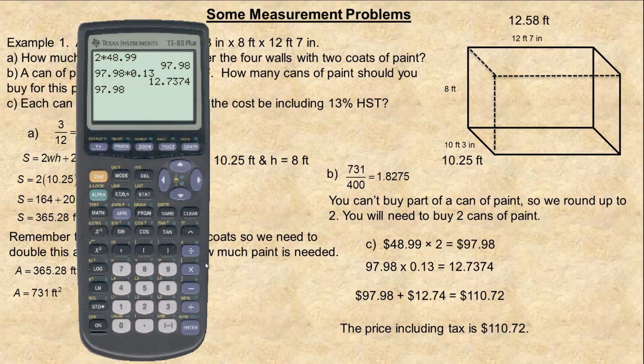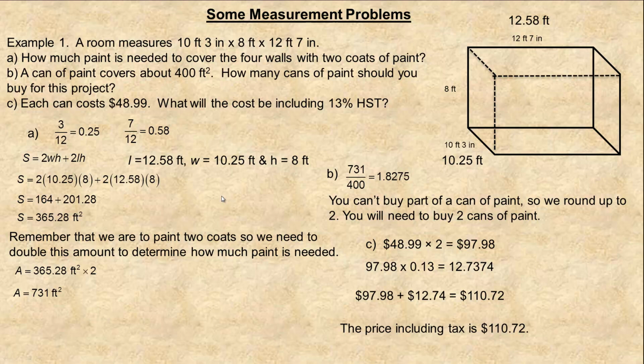If you take that and multiply it by 1.13, so that's the 113%, then that gets you directly to the 110.72. See, that 7 would make that round up to a 2. So if you don't need to figure out the tax separately, the 12.74, and you just want to go from what it costs plus the tax to 110.72, then that is a shortcut for doing that.